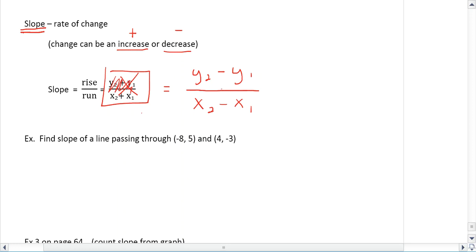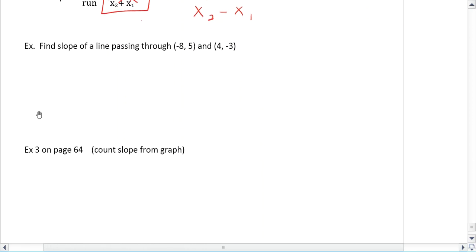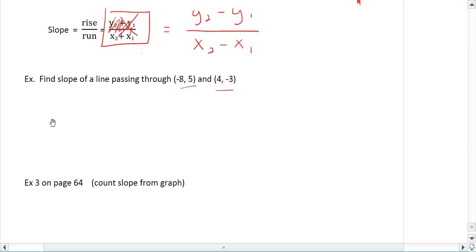We want to find out how much the y's are changing, which is the rise, how much this is changing when it's going up, and over the x change, which is how much it's going across, the run. So we're asked to do this example, find the slope of a line that passes through this point and this point. Now it doesn't matter which one you call x1, y1, and which one you call x2, y2, as long as you're consistent in the one that you start with.